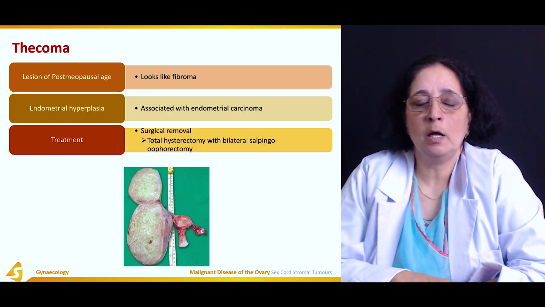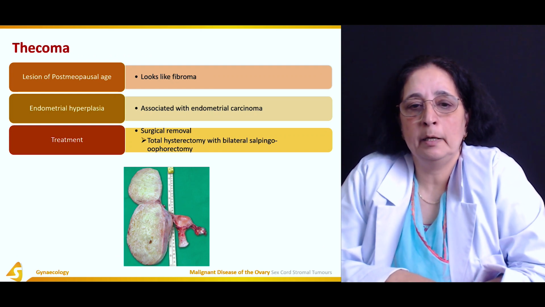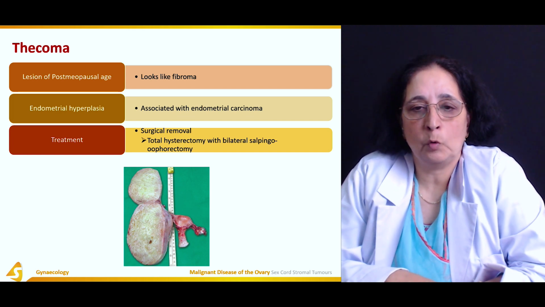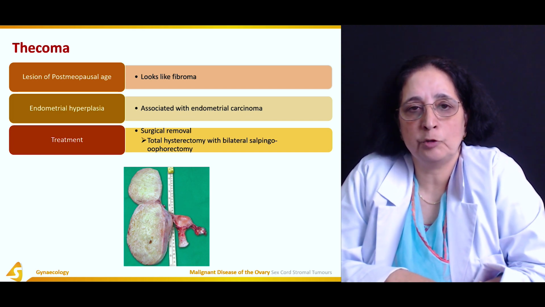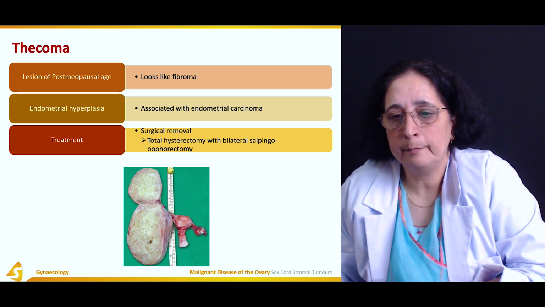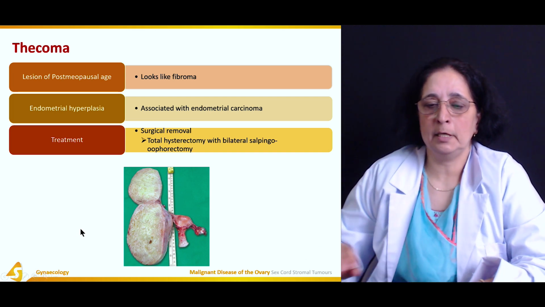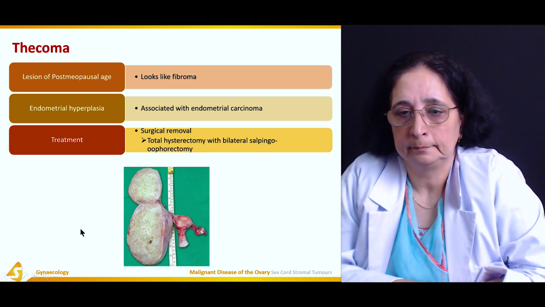Then thecoma is the other type, and this is usually common in the post-menopausal age, after the menstruations stop, and it looks usually like a fibroma, like a fibroid. These are the thecomas, after the menopausal age.